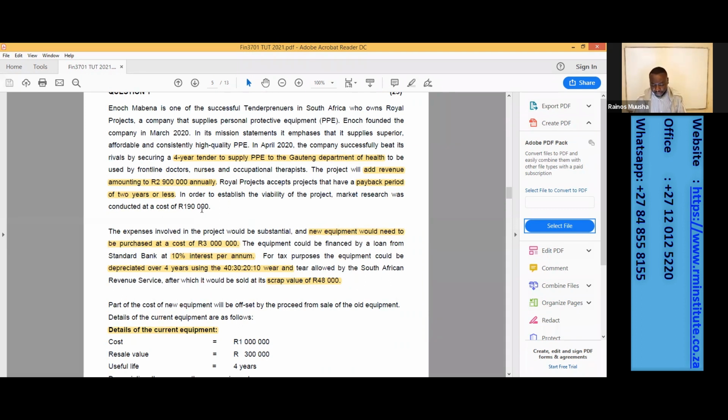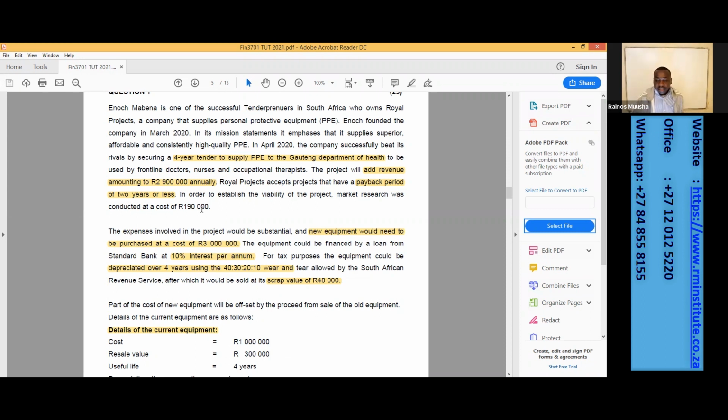Whether you eventually decide to partake in the project or not, it's not going to make any difference, because this cost would already have been incurred.